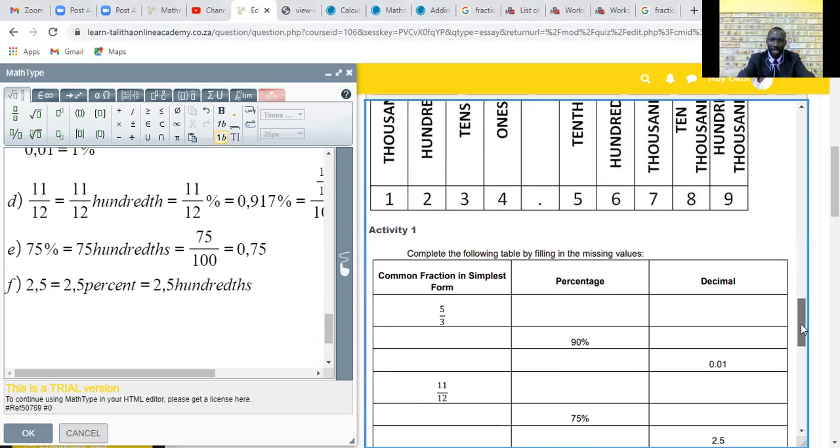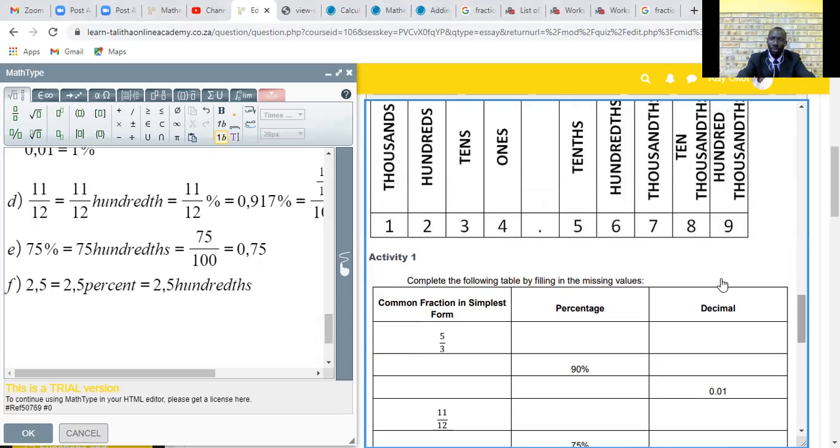When we look at what is in the table, to be called a hundredth, the decimal point must be 1, 2 steps on your left. So to be called 2.5 hundredth, the decimal point must move from where it is 1 and 2 steps on the left.